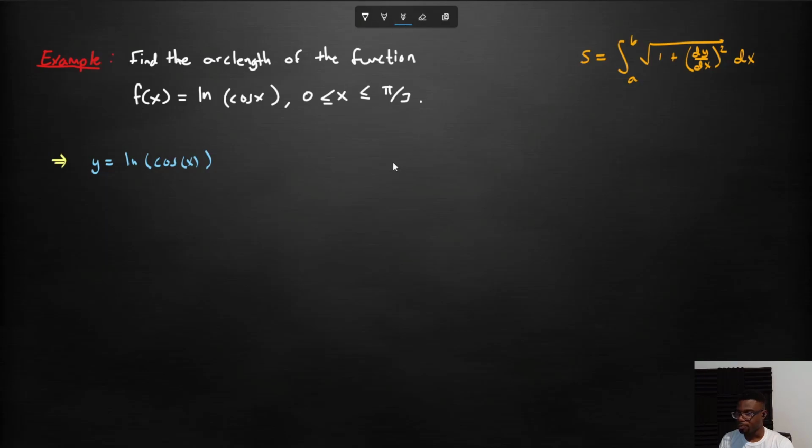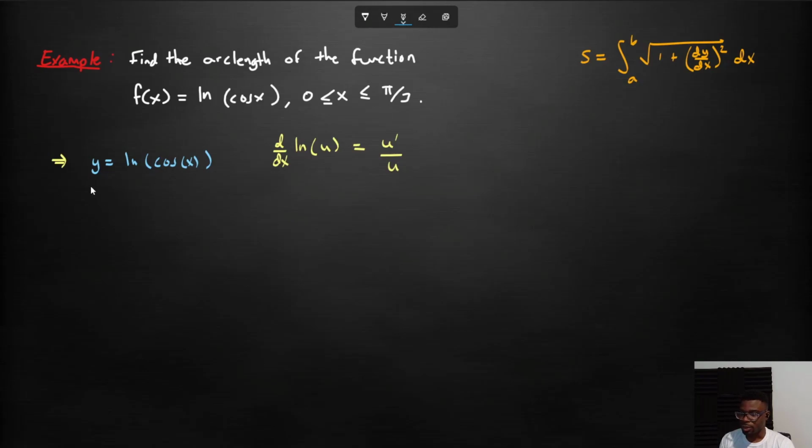And the formula for differentiating ln of u, d dx of the natural log of u, is u prime divided by u, which means we need the derivative of cosine of x. And that would serve as our u prime over here. So the derivative of cosine of x is negative sine of x, so our result would be negative sine of x divided by cosine of x. So let's write that down.